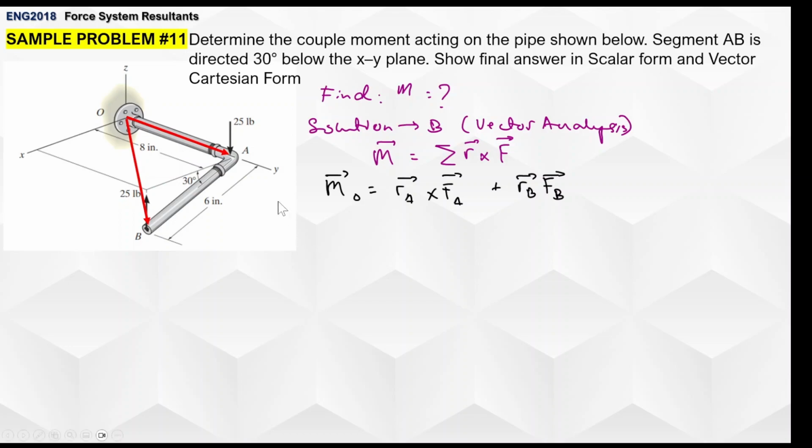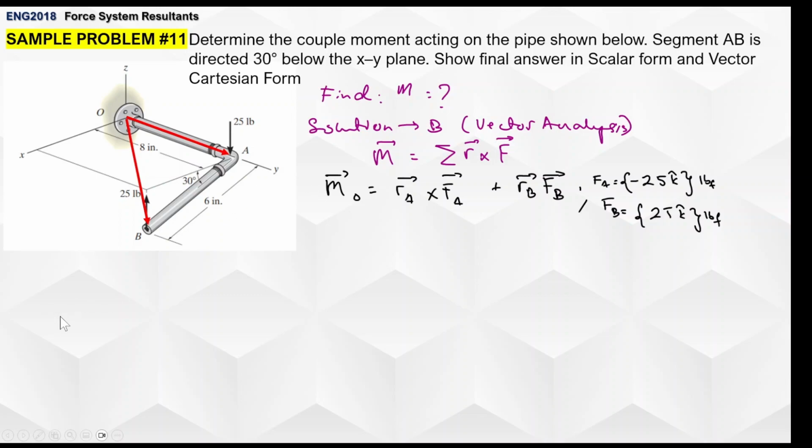No, sorry. So FA here is negative 25 k hat, and then FB here is 25 k. So using the principle of transmissibility, we moved the force down to have the k hat direction.